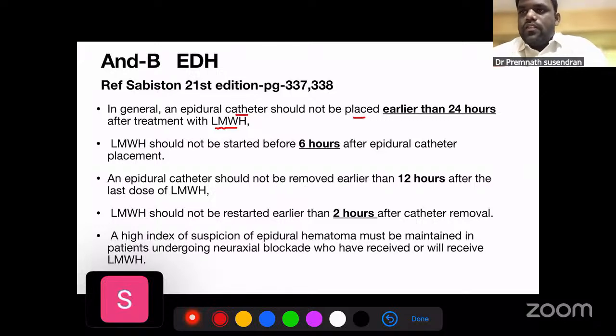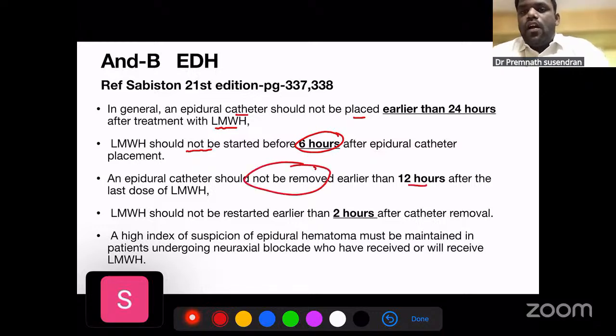Suppose you have given an epidural catheter previously, you should not start LMWH before 6 hours. An epidural catheter should not be removed earlier than 12 hours after the last dose of low molecular weight heparin. And LMWH should not be restarted earlier than 2 hours after catheter removal.